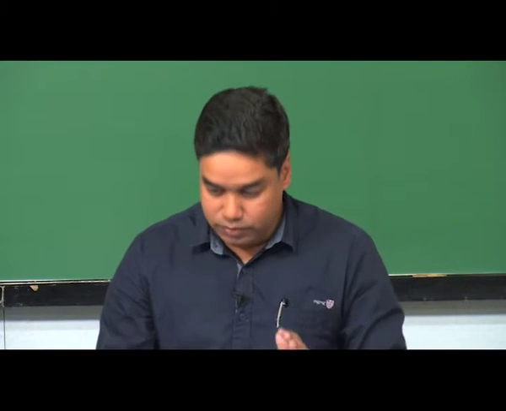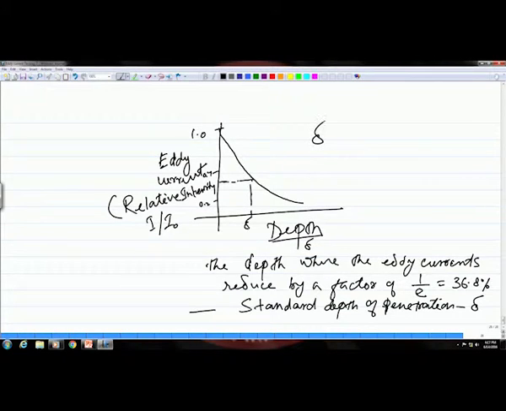Okay. Right. So, now if you look at the parameters which control the standard depth of penetration, this depends, as I said, on the frequency of the current which is used, let us say the frequency we call nu, and the magnetic and electrical properties of the material in which the current is induced.